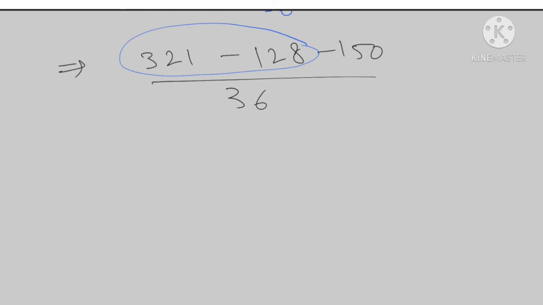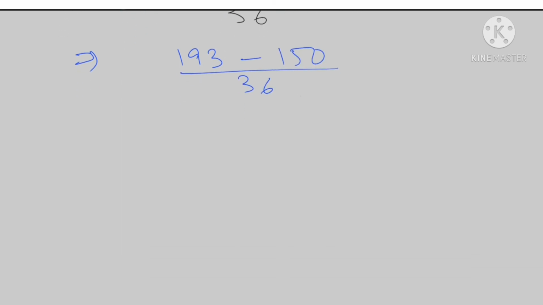But because I'm showing you and explaining the sum, please make sure that you do it properly. This will become 193 minus 150 by 36. Then if you're subtracting this, we will get the answer as 43 by 36.